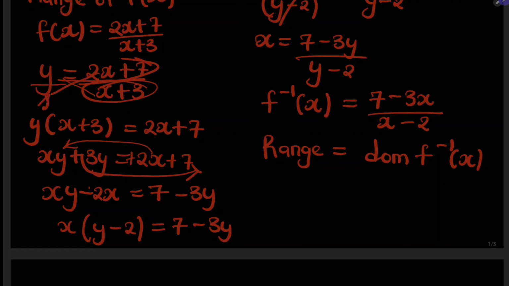So here we are going to have to look for the domain. Here we have a denominator. We take x minus 2 and equate it to 0 in order to find our domain.